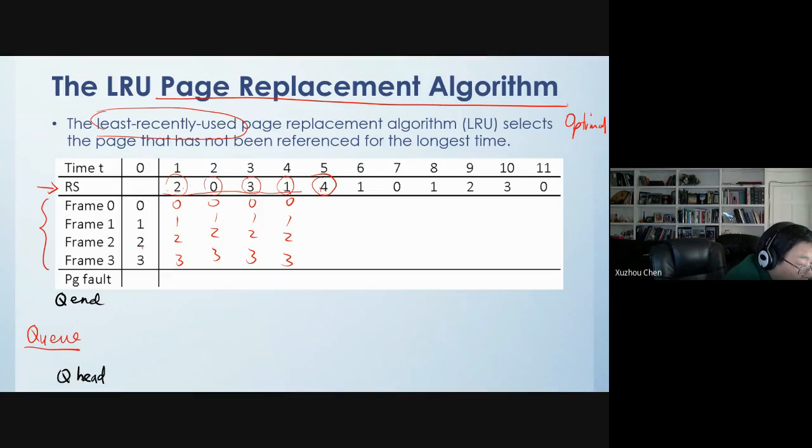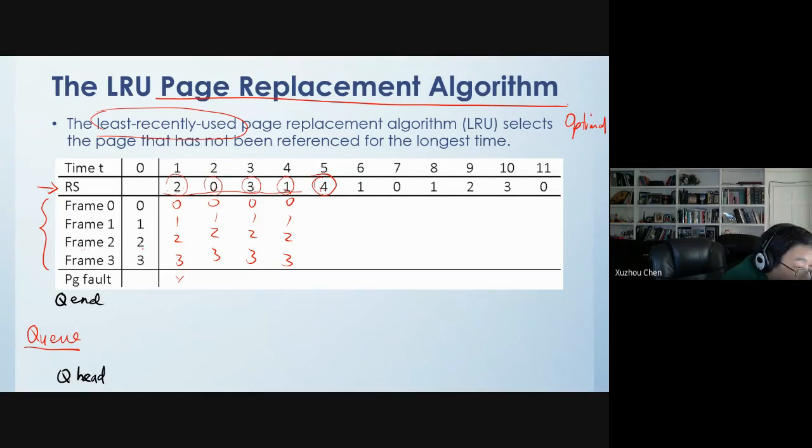In this case, yes, page 2 is in frame number 2, so there's no page fault, right? And if page 0 is called, there's no page fault because 0 is already in there. Also for page 3 and page 1, each of these pages is in the physical memory.